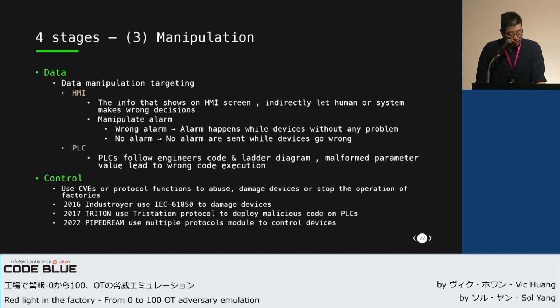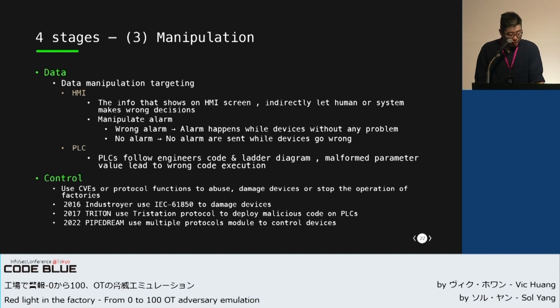And the third stage is manipulation. So for data targeting, you can try to manipulate the data on the HMI screen to let humans make wrong decisions, or to manipulate the alarm so the wrong protective actions are triggered. And also you can manipulate the data to let PLCs do wrong code execution.